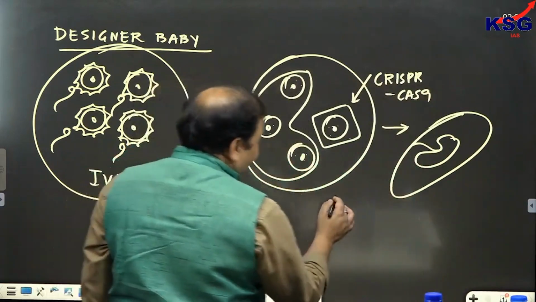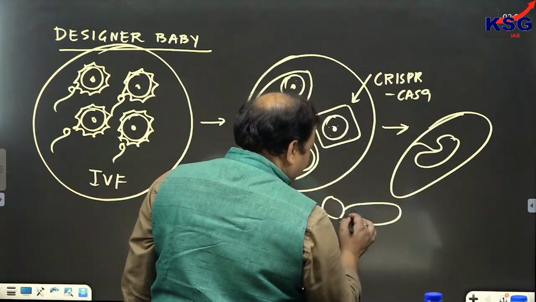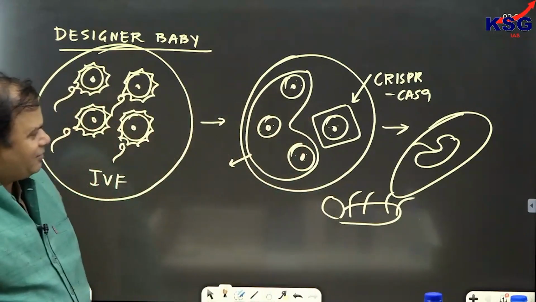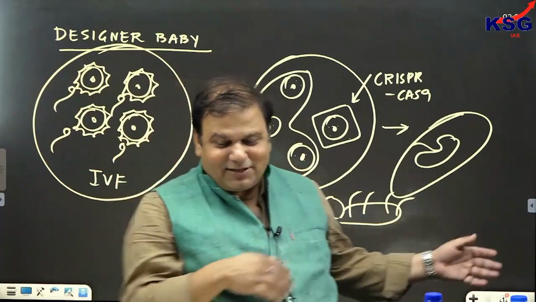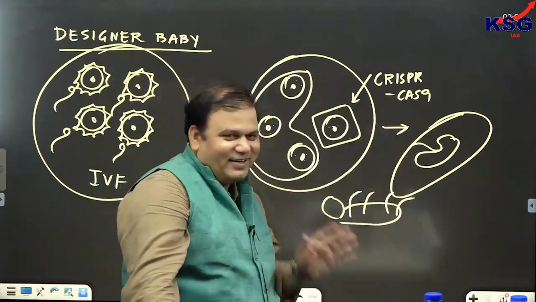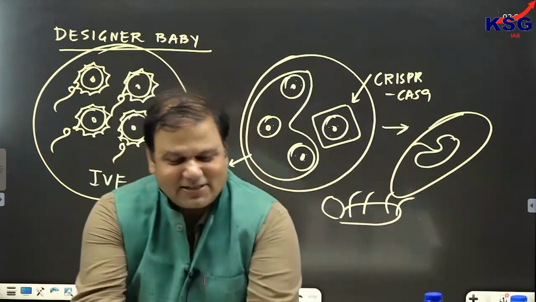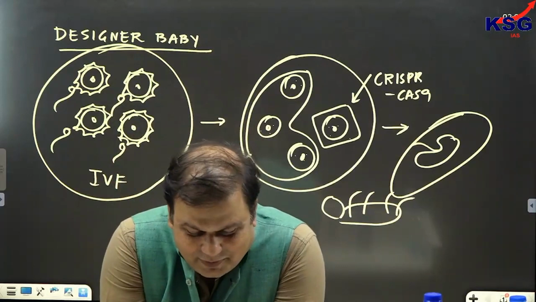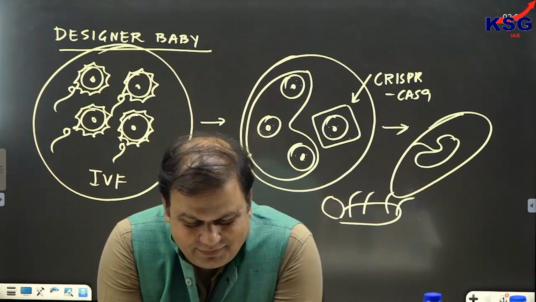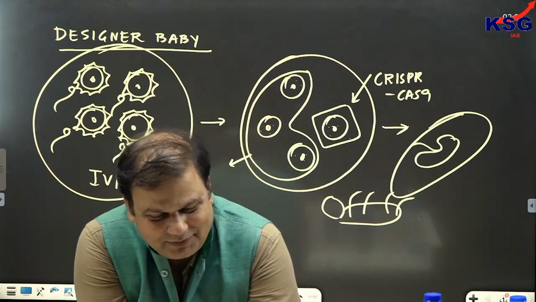The baby which is born is nothing but designer baby. देखो ये baby है. This is designer baby. बच्चे हैं ना फेंकते हैं हाथ पैर अपना. So this is called as designer baby and this is how designer baby is born. So with the help of CRISPR-Cas9 technology, the first designer baby was born in Los Angeles in the year 2012.